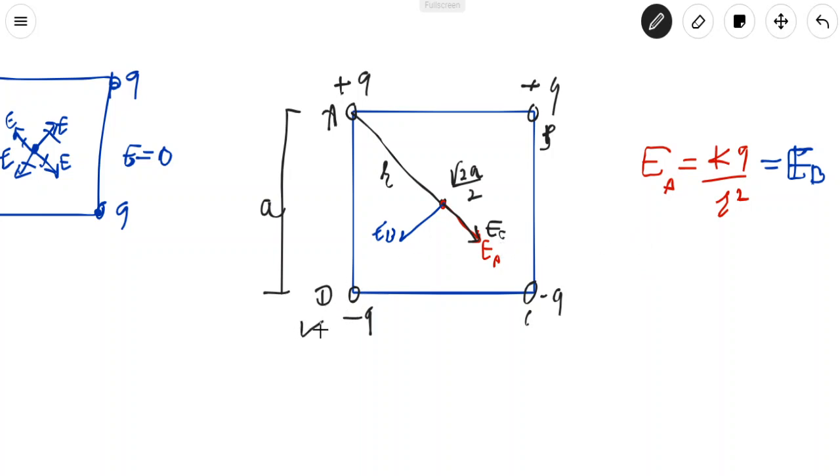Similarly, because of the negative charge on D, we will have an electric field in this direction, this is ED. So this will also be KQ by R square, so EC and ED are all the same amount of electric field. So now just say it is all E, because EA, EB, EC, ED are the same in magnitude, same in value, so say it is E. So now we have two E vectors in this direction.